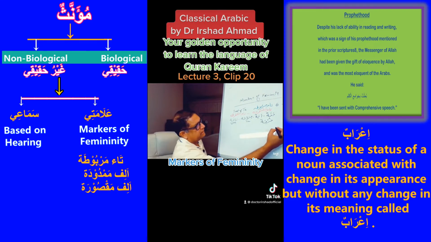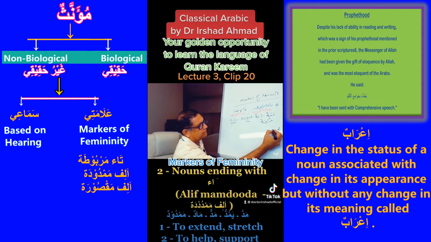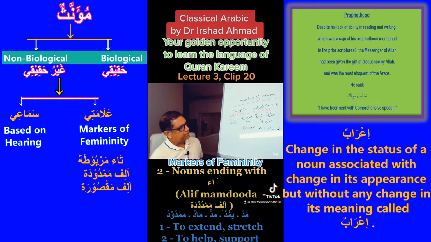Other marker of femininity is something where the last word will have fatha, and then after that will be alif and hamza. There's a name for this which is called alif mamduda. Mamduda means elongated alif, long alif, alif mamduda.